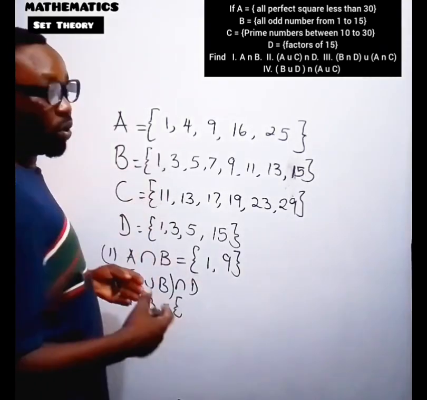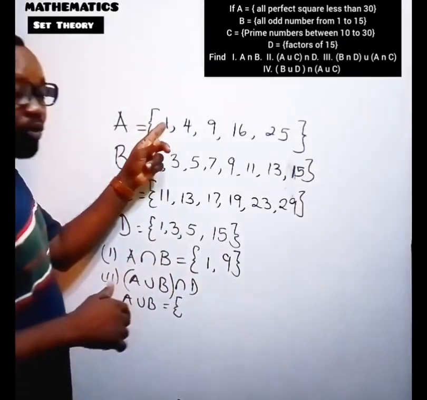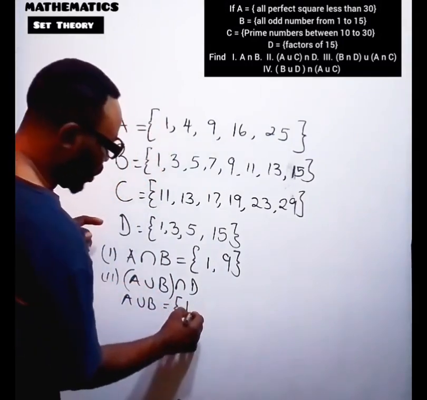If 1 is repeated, just write it as 1. Look at 1 here, there's 1 here as well, so it's just 1.